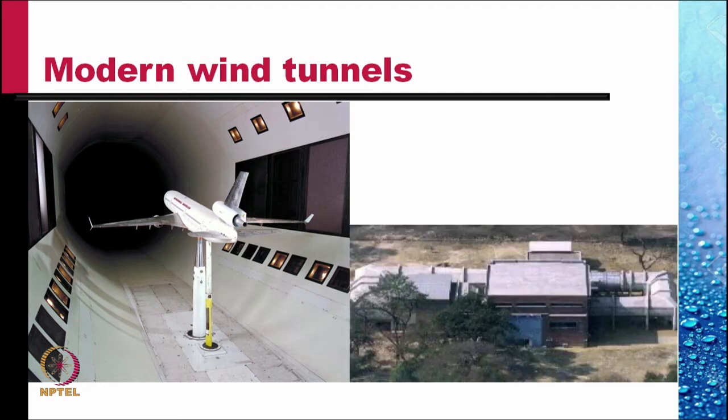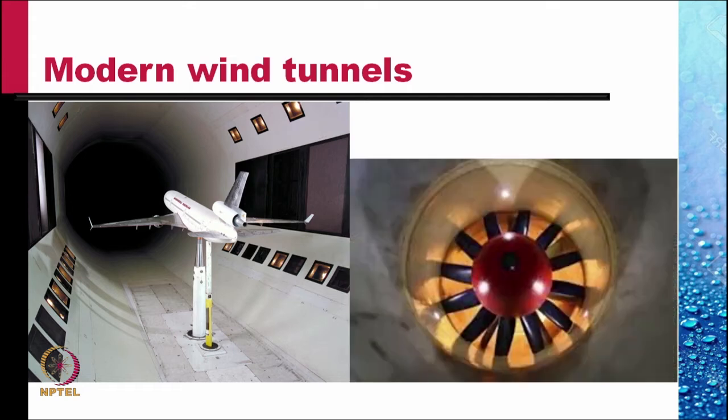This picture here is the wind tunnel at IIT Kanpur. It has a cross-sectional area of 8 feet by 10 feet and has been used extensively for testing the model. It uses a fan which consumes 1 megawatt of power to run it.